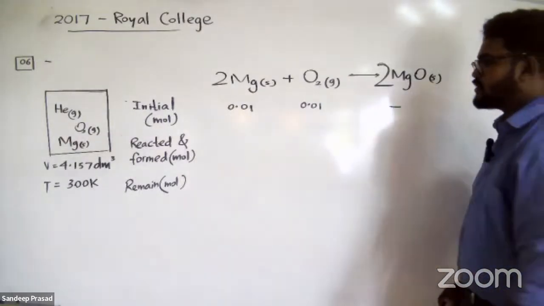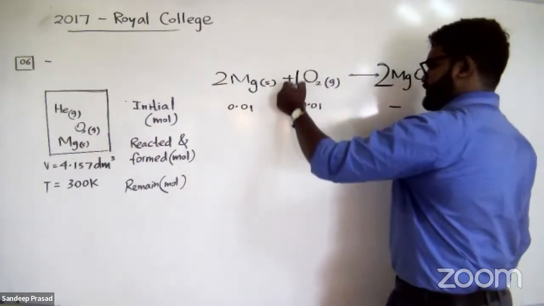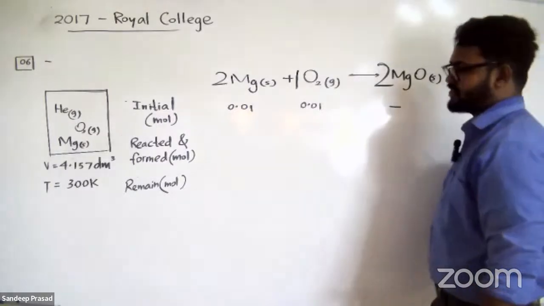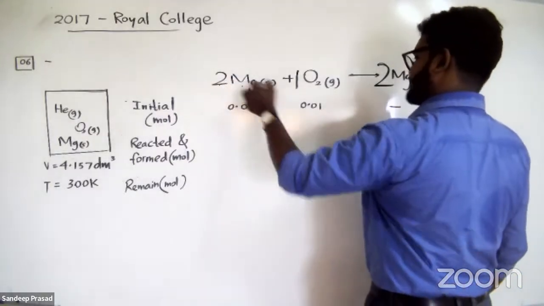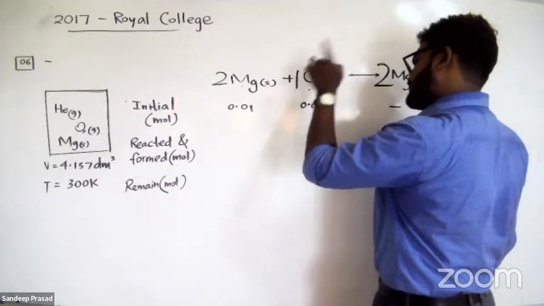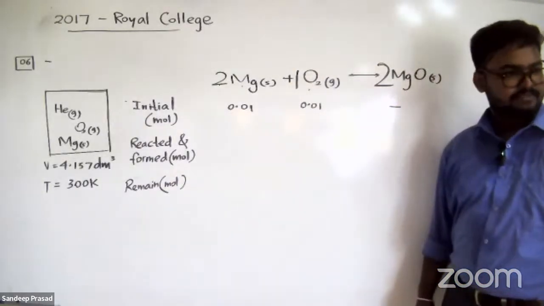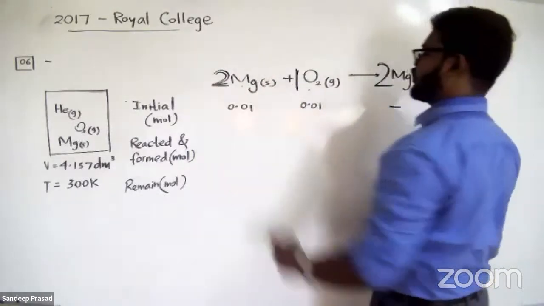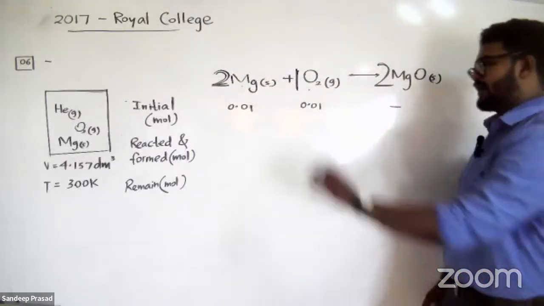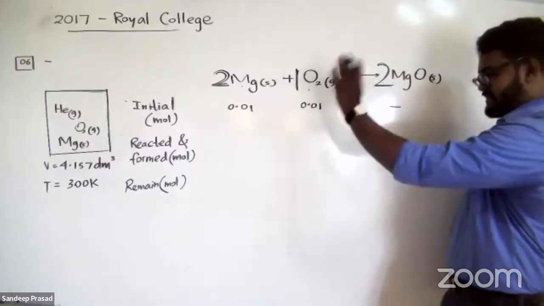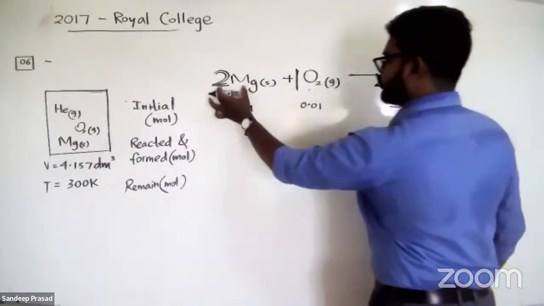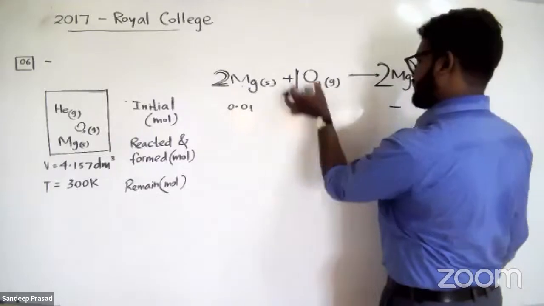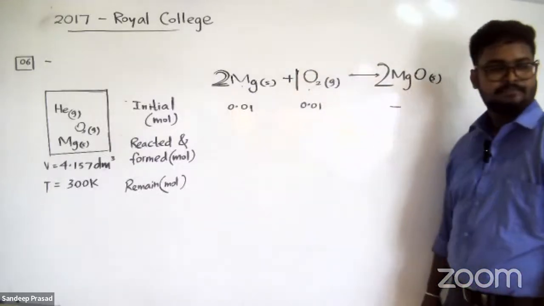So students, they have given that according to this reaction, 2 magnesium is reacting with 1 oxygen. These numbers are known as stoichiometric coefficients. Don't worry about those names. Just understand 2 magnesium is reacting with 1 oxygen.